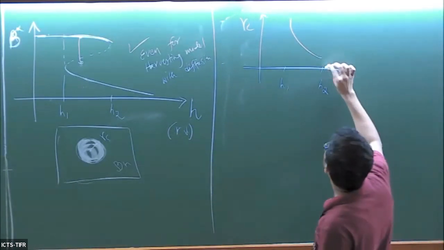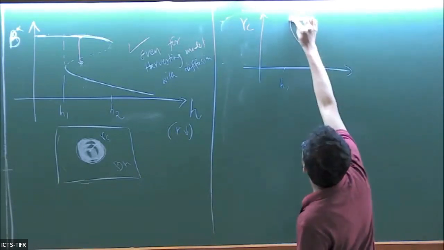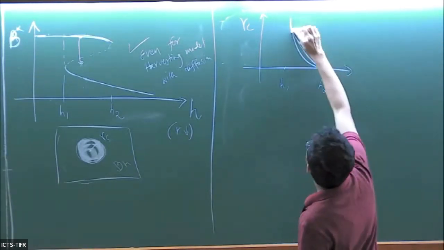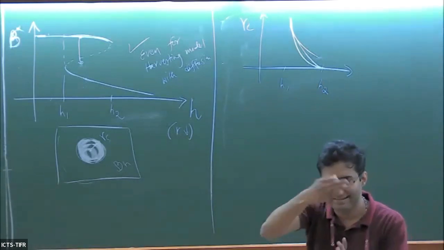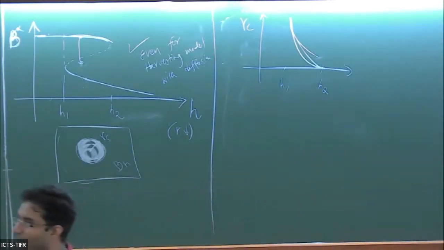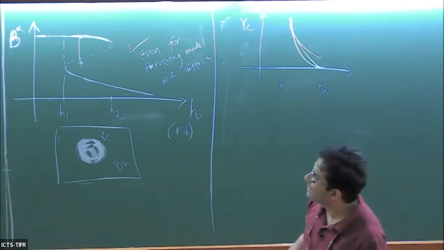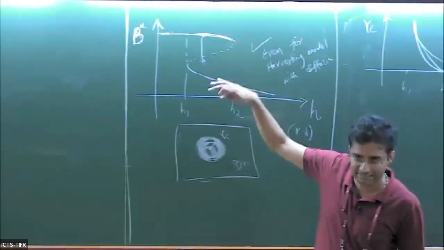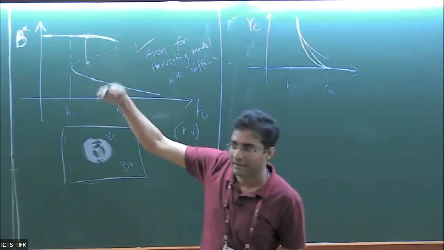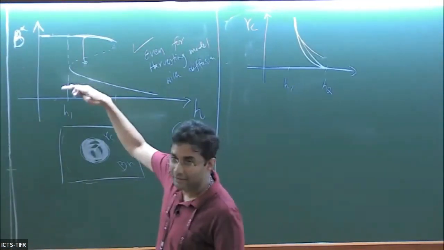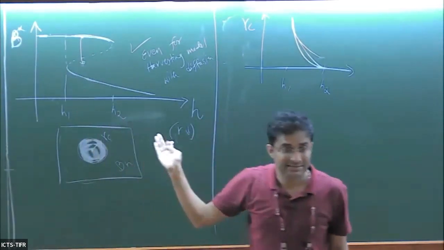In fact, it actually hits 0 the moment you come to H2. I don't know the exact form, whether it's concave or convex; I've just drawn a qualitative functional form. Which means that, of course, this would be true even in the opposite direction. If I am in this state, to go to the other state, it would be again exactly true.